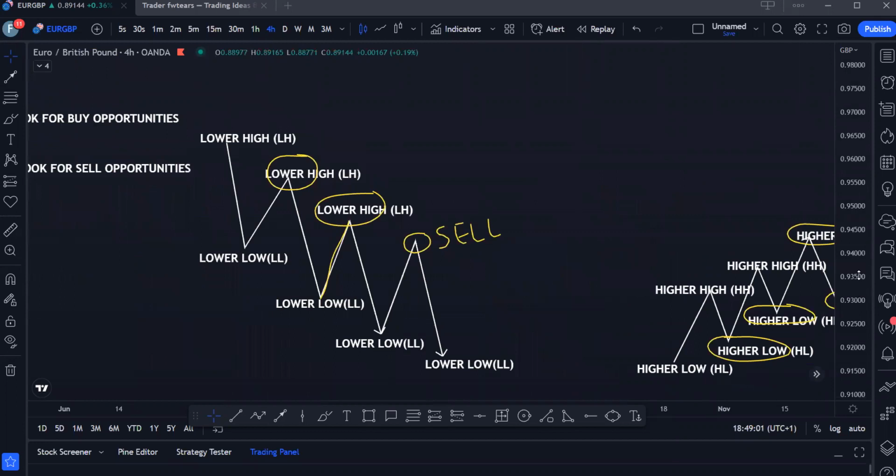Now, we are going to tie our knowledge of what we learned yesterday. Remember, yesterday we learned about support and resistance. And then we said that support is a reversal area in the market that acts as a floor.